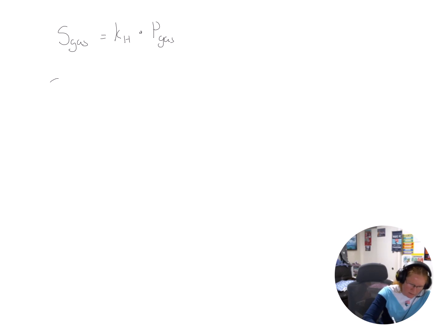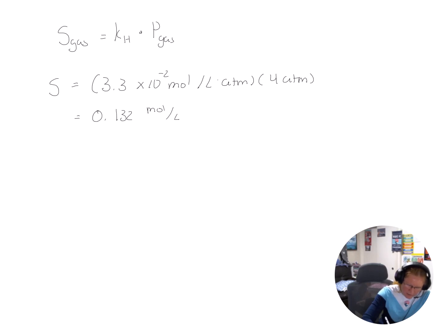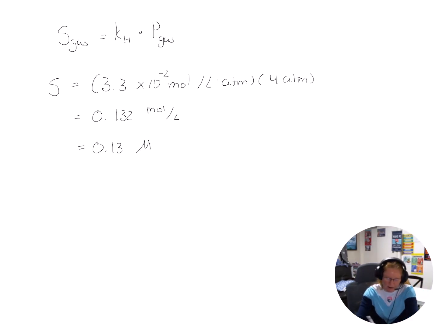All right, so our solubility, we've got 3.3 times 10 to the negative 2 moles per liter atmosphere. We have 4 atmospheres, and so we get 0.132 moles per liter, or 0.13, because we have 2 sig figs, molar. So the solubility of our carbon dioxide is 0.13 molar.